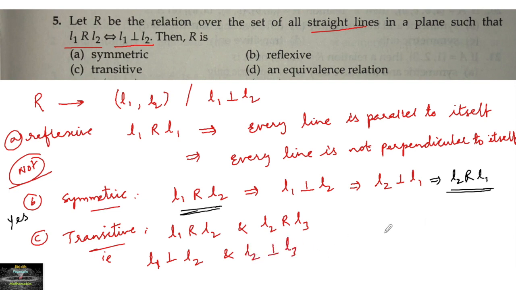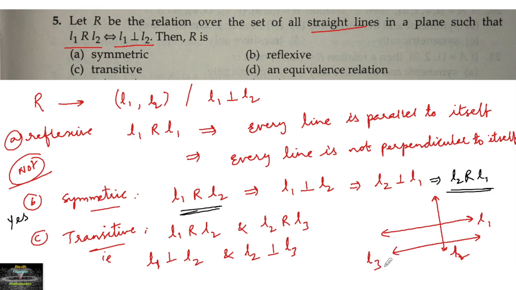So let us say this is line L1, perpendicular to L2 in a coordinate plane, and L2 is perpendicular to L3, which means your L3 line must be perpendicular to L2.